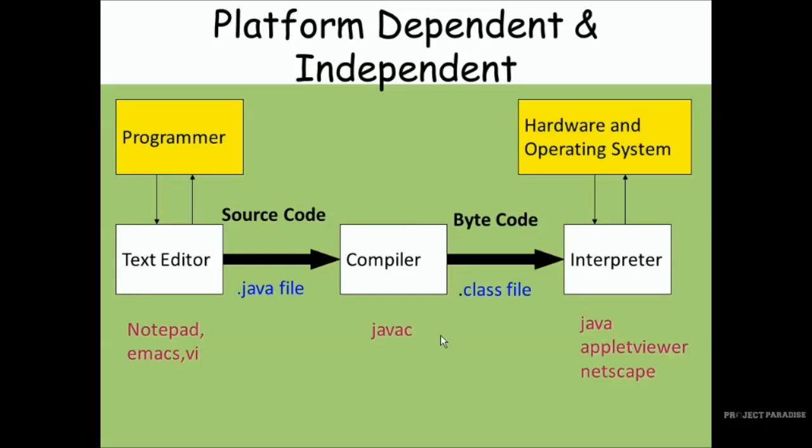This .class file contains code which is called bytecode. In the case of C and C++, when we compile we get .obj, which is a machine code. But here we are going to convert the source code into an intermediate code.